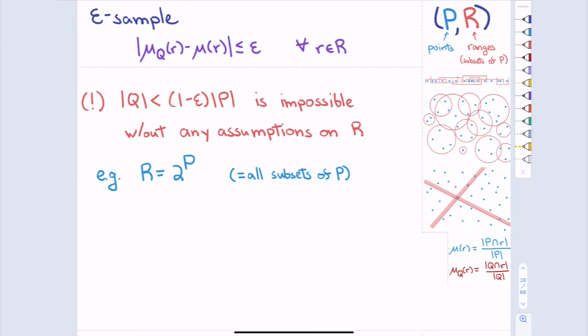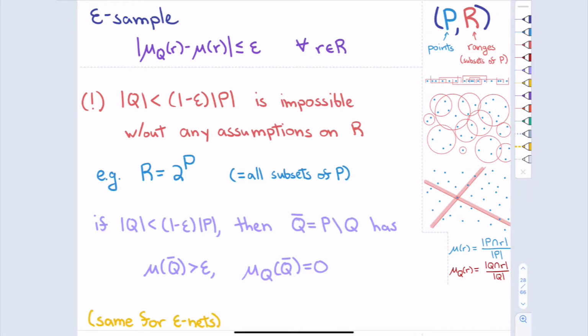And as pointed out, whatever points you leave out, for any subset, no matter what points you leave out, we can make Q, the bad set, be whatever you left out, right? So you leave out an epsilon fraction. Whatever you left out, we'll choose that as our range, which exists in our family.